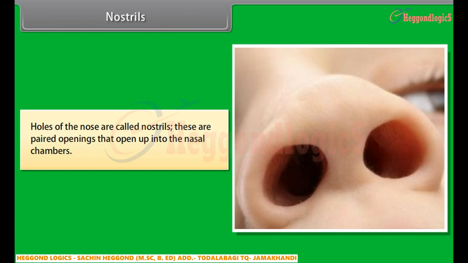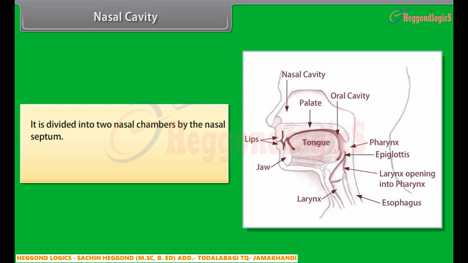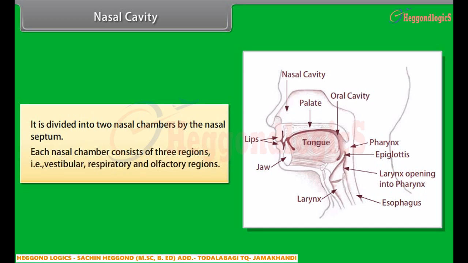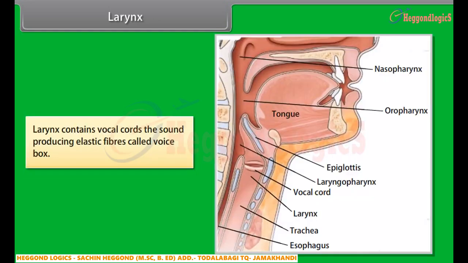These are paired openings that open up into the nasal chambers. Nasal cavity. It is divided into two nasal chambers by the nasal septum. Each nasal chamber consists of three regions, that is, vestibular, respiratory, and olfactory regions. Larynx. Larynx contains vocal cords, the sound-producing elastic fibers, called the voice box.